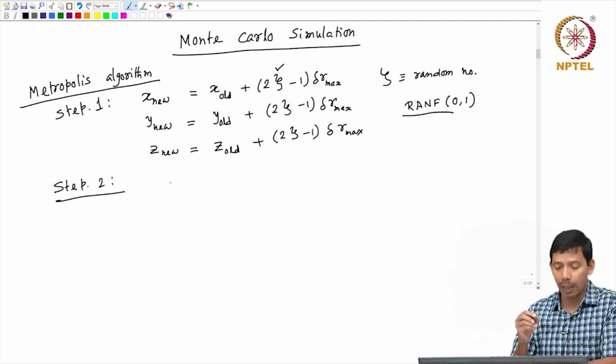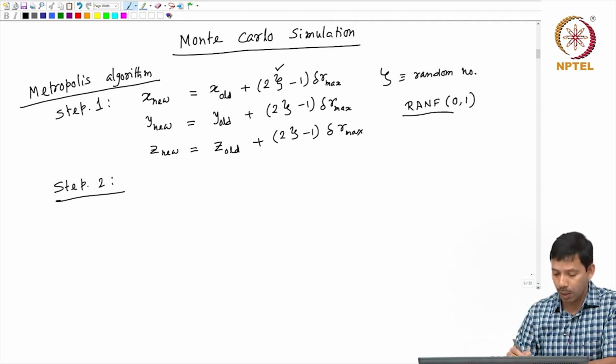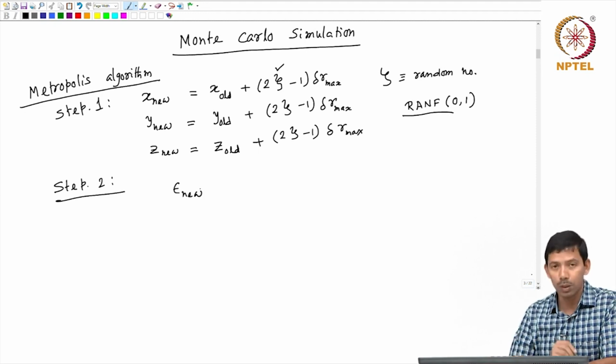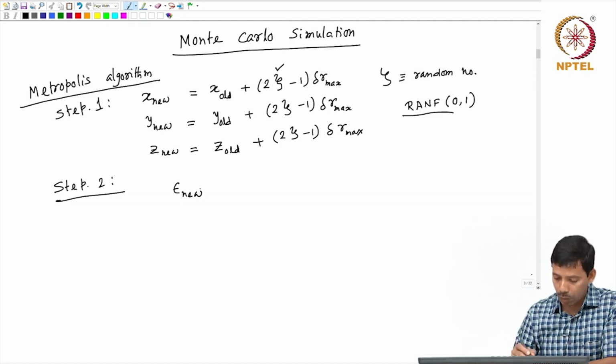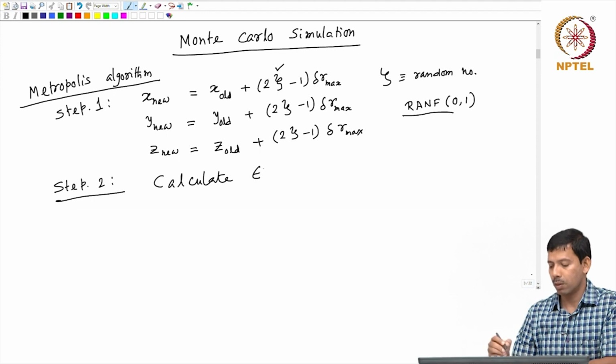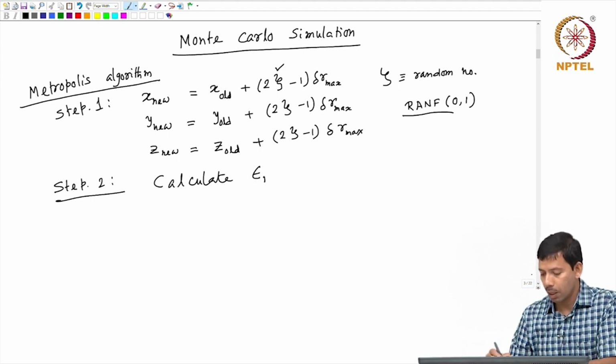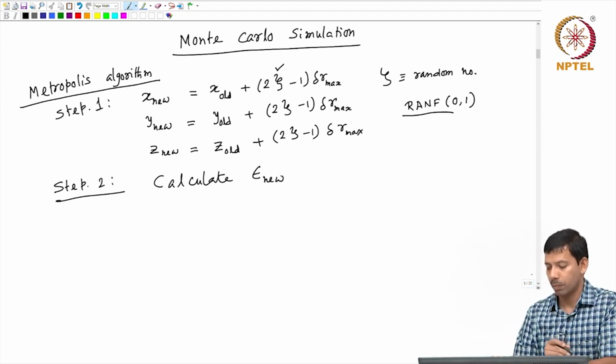So, in the new step, I'll calculate the new energy of the system, and let's say that energy is E new. So, step 2 is calculate the energy of the system, which is E new.